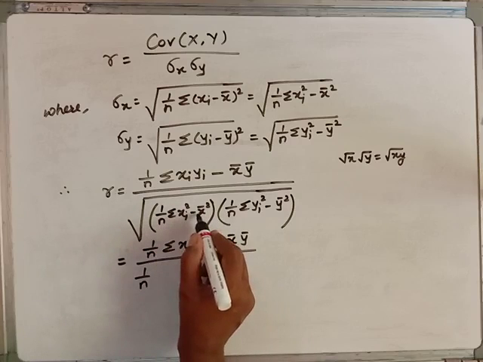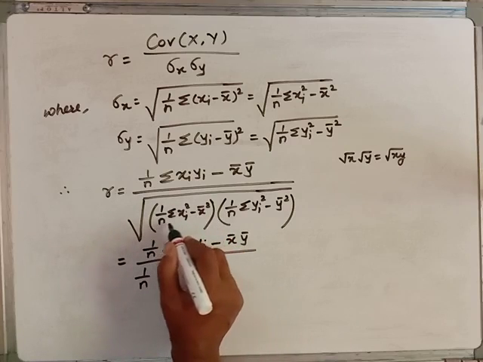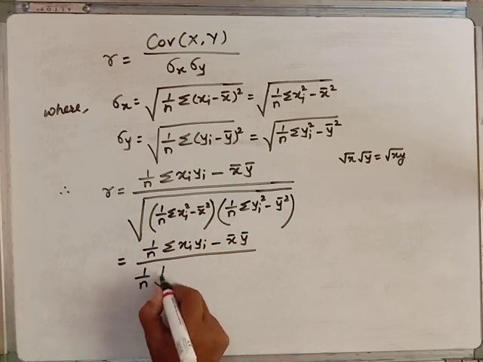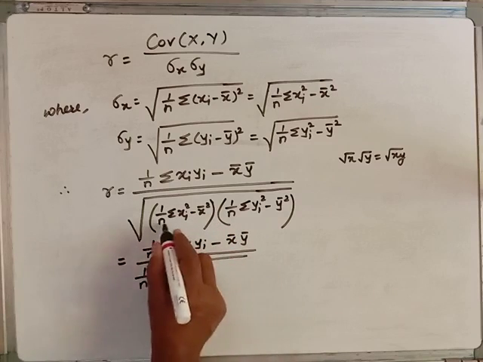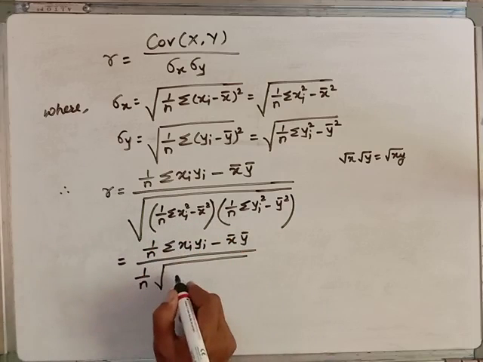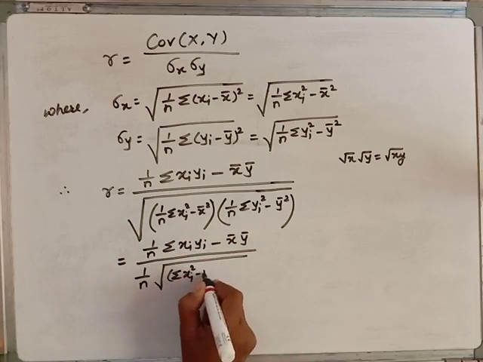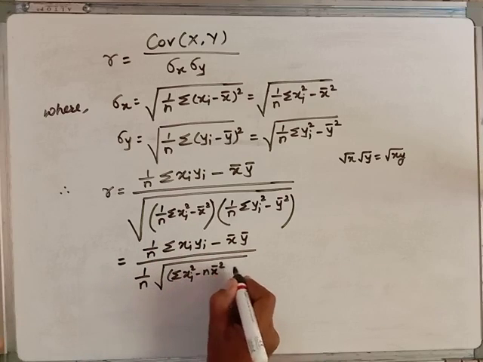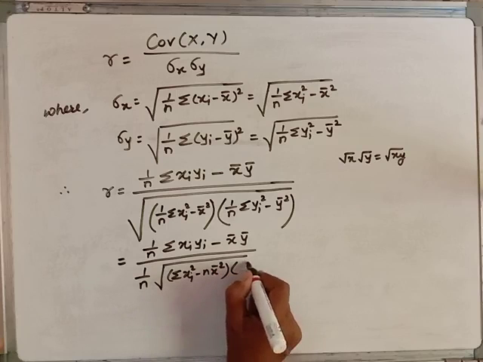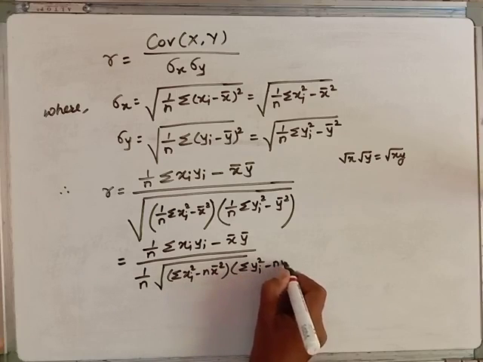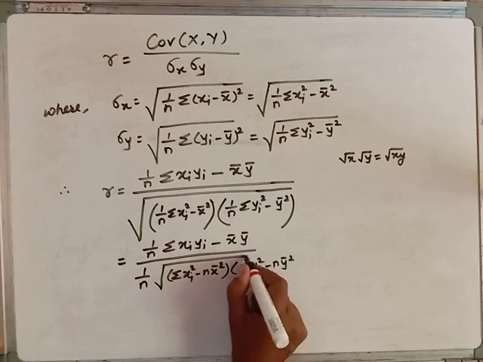Here 1 upon n is multiplied to this sum only, so let's multiply here by n also. Here we have taken 1 upon n common, here also 1 upon n common. So in this bracket: summation xi square minus n x bar square into summation yi square minus n y bar square.